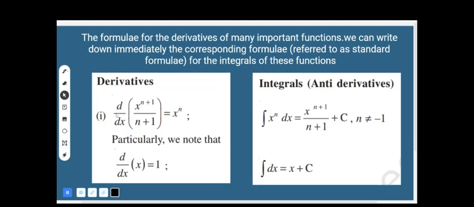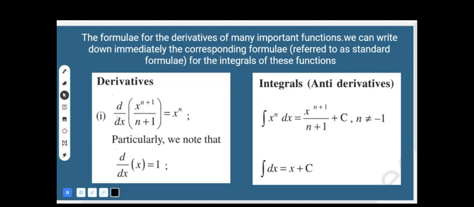You can see here d by dx of x power n plus 1 divided by n plus 1 is the formula for x power n. So by the same formula, integration of x power n changes to x power n plus 1 divided by n plus 1, and plus c we have to write for indefinite integrals. We have to write the constant c for every problem.